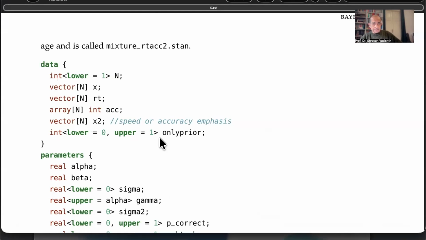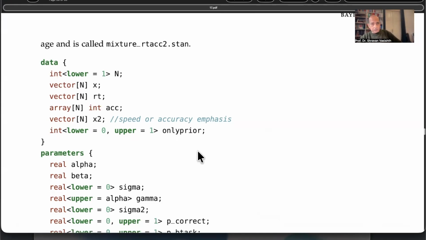And then there's this same thing that you saw a long time ago, this only prior indicator variable, which will be either 0 or 1, and we will use that to generate either prior predictive or posterior predictive data. So if you've forgotten that, go back and look at the, I think it was the Stan Programming Language Introduction lecture or chapter to see how that works out.